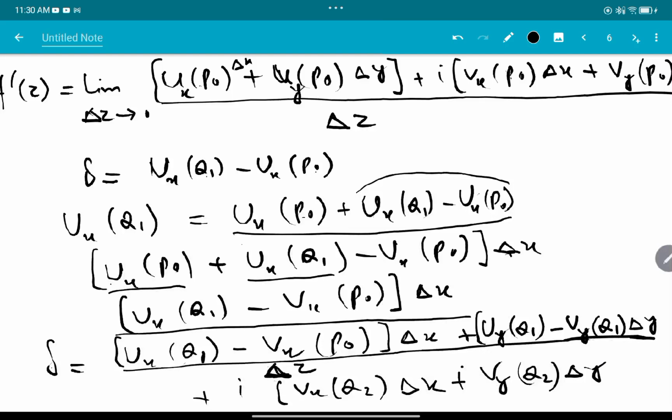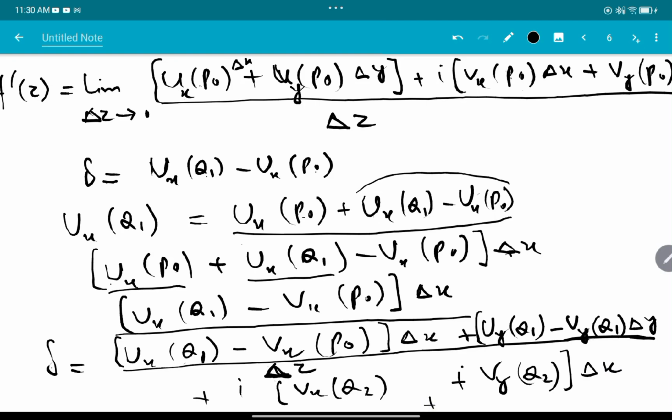It is VXQ2 then VYQ2, delta x, that is common to them, and that is to be written here, delta x.